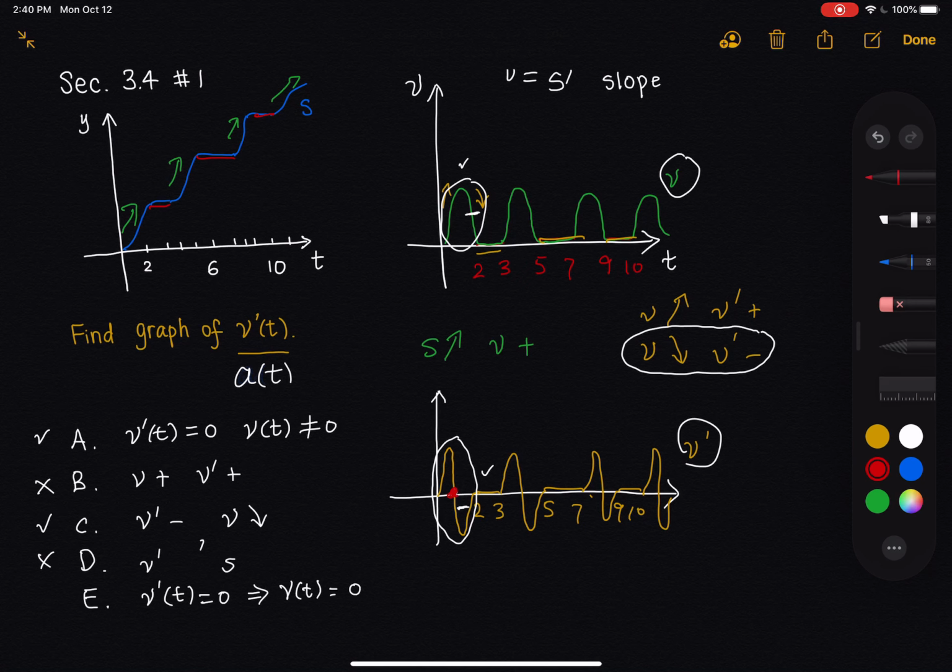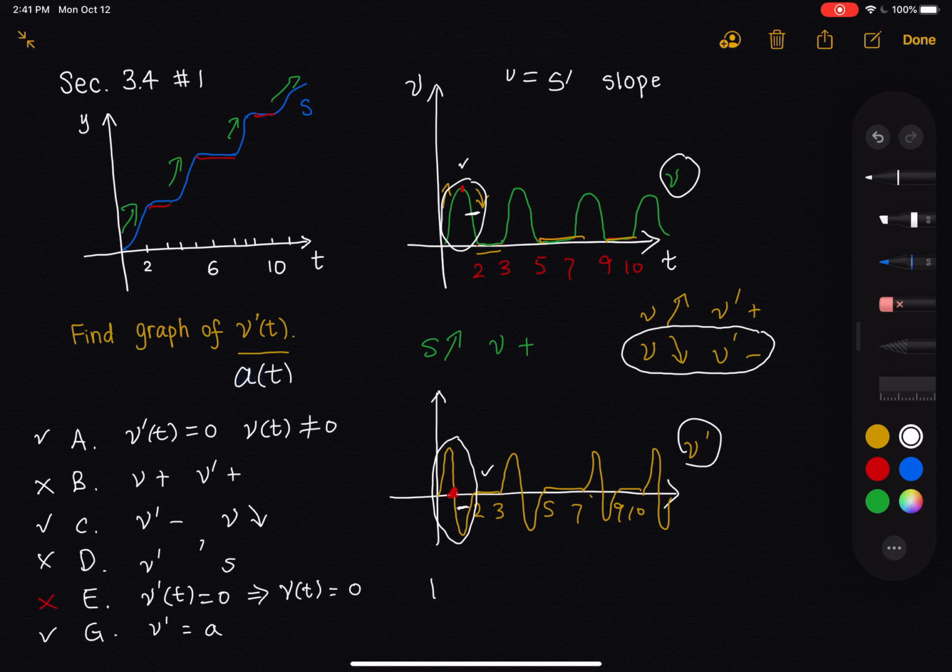So here v prime of t equals 0, but v of t is up here, positive. So it's not true. And then statement G, the function v prime represents the acceleration of the car. That's true.